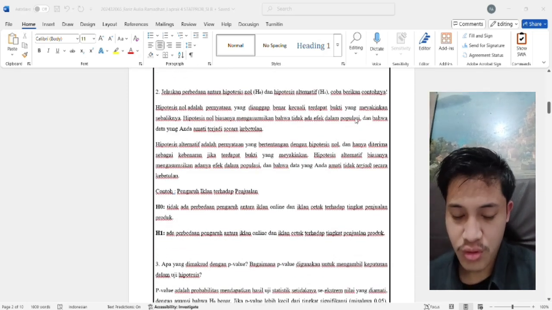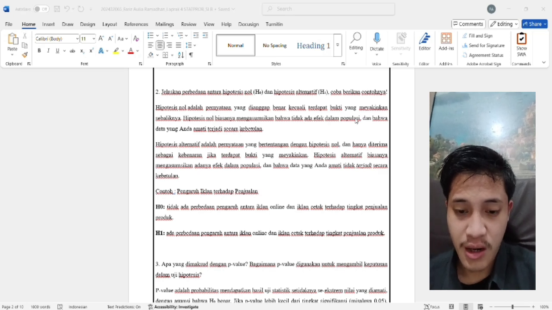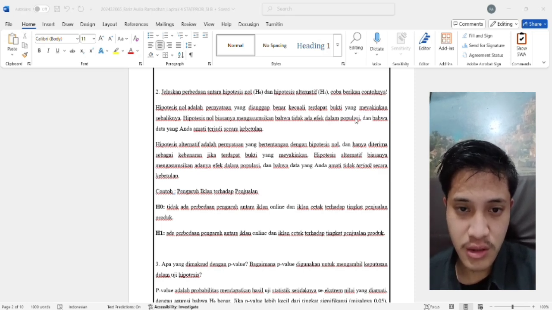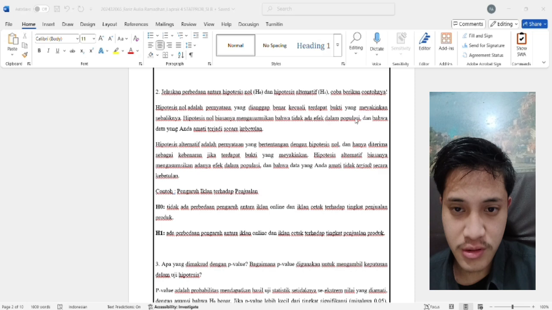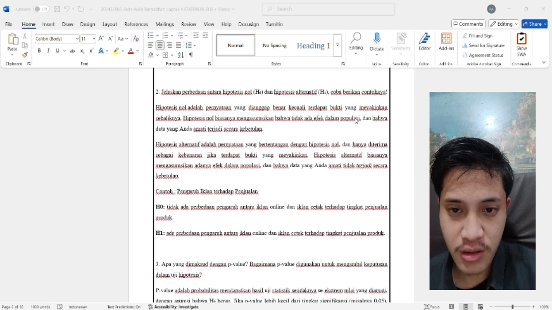Number two, explain the difference between the null hypothesis H0 and the alternative hypothesis H1 and provide an example. The null hypothesis is a statement assumed to be true unless there is convincing evidence to the contrary. It usually assumes that there is no effect in the population and that the observed data occur by chance.